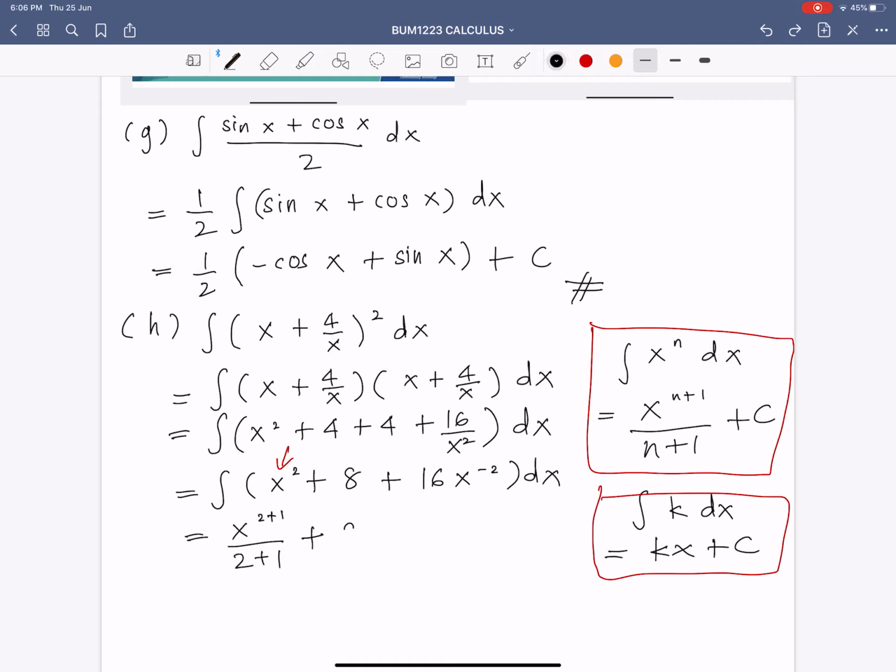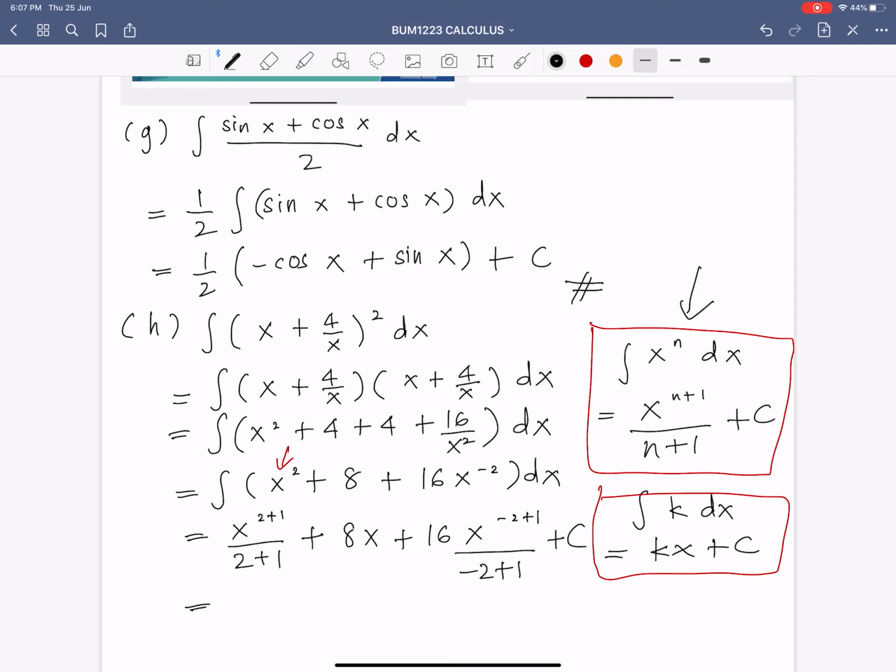Again here, 8x. And then plus 16 x to the power of negative 2 is also in the form of the integration of x to the power of n, where n is equal to negative 2 in this case. So 16 remains there because it's just a constant. x to the power of negative 2 plus 1 over negative 2 plus 1. And don't forget, at the end of your result of the antiderivative, you must have plus c.